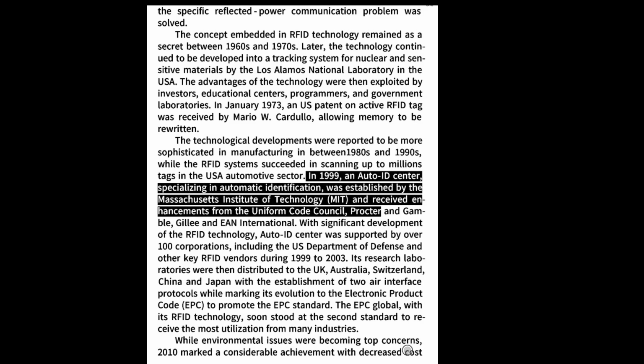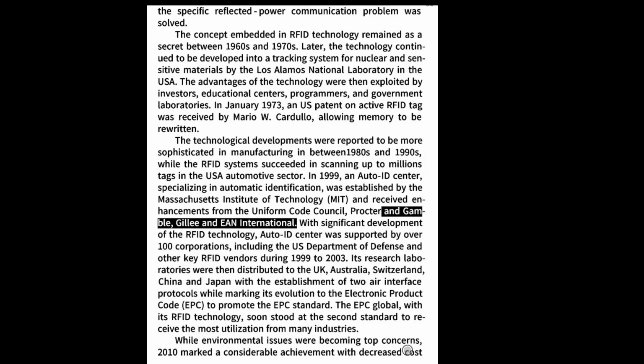In 1999, an Auto ID Center, specializing in automatic identification, was established by the Massachusetts Institute of Technology (MIT) and received enhancements from the Uniform Code Council, Procter and Gamble, Gillette and Intel International.